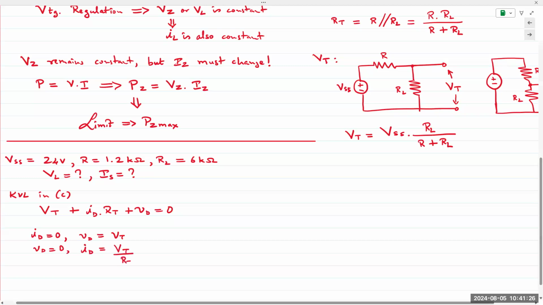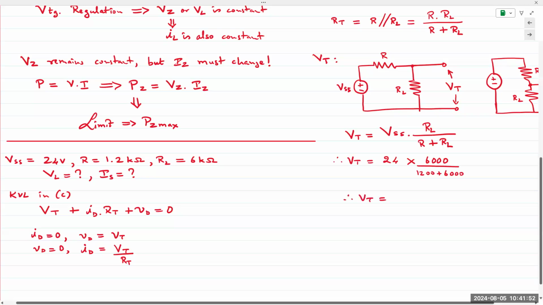VT over RT. So here, my VTH is 24 volts times RL, which is 6,000, divided by R plus RL, 1,200 plus 6,000.